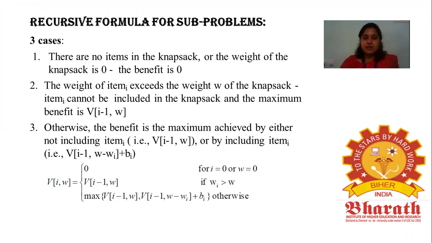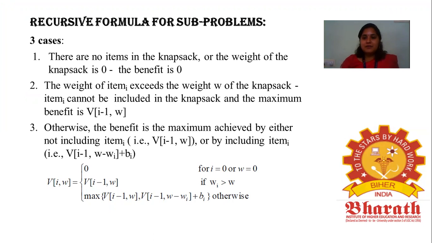Okay, next. Third case, suppose the benefit is the maximum achieved by either not including the item, which means that if it is maximum, we are not including the item, then we will be taking the previous value weight, or we will be adding the previous value with the new weight along with the previous weight. So you'll understand when we solve this with the example.